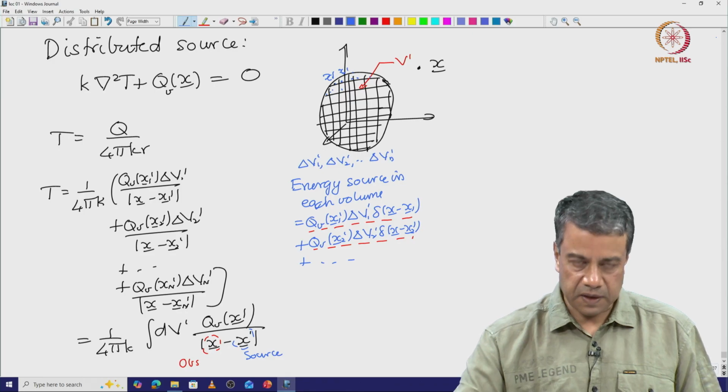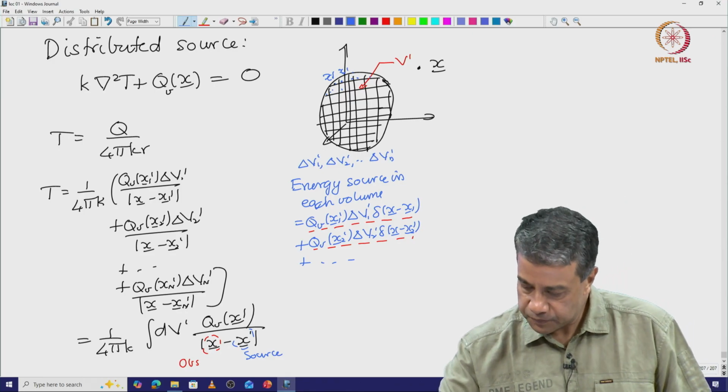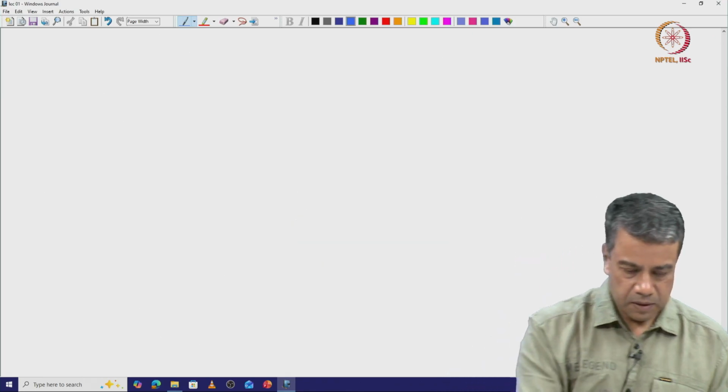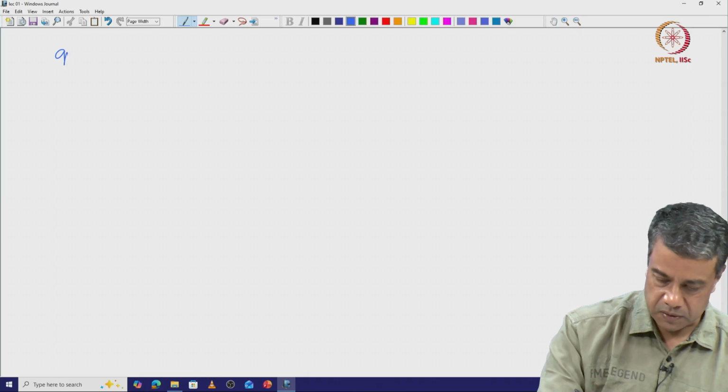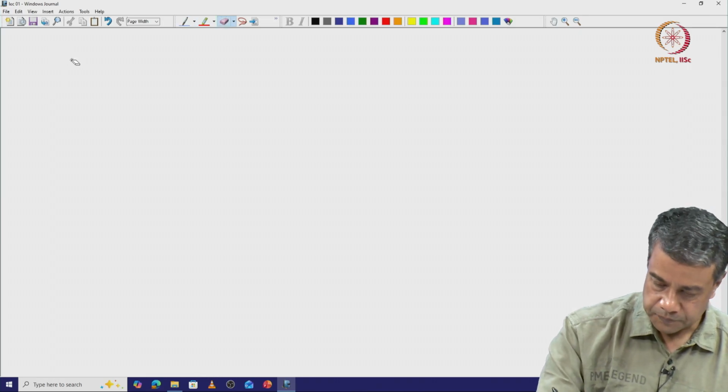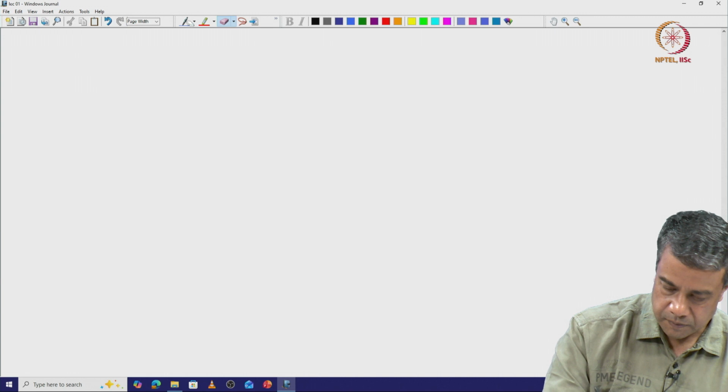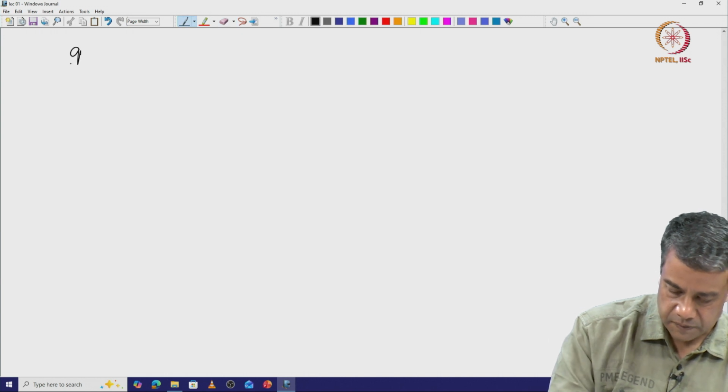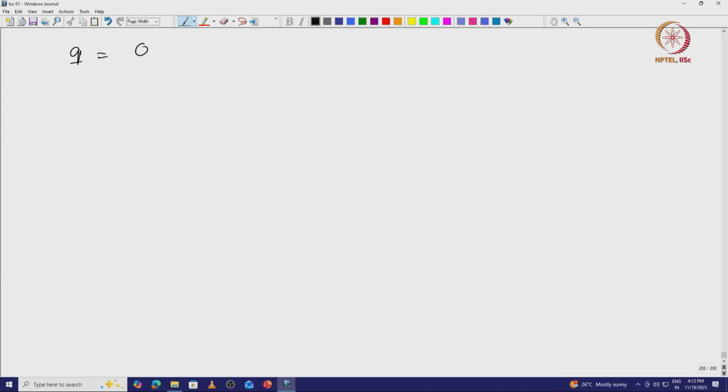We know that the flux vector q due to a point source is equal to q into x minus xs by 4 pi k into the magnitude of x minus xs, the whole cubed.